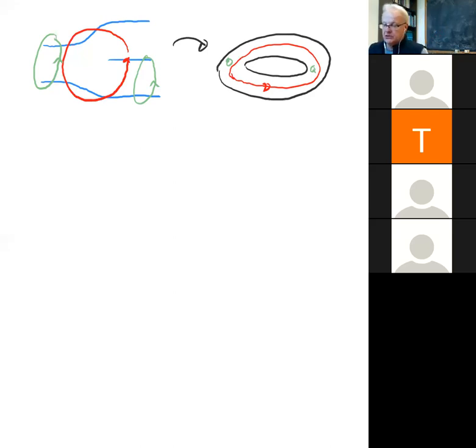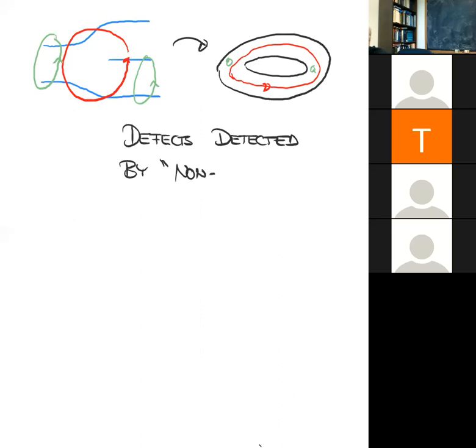So we conclude from that that defects are somehow detected by non-trivial loops. So what do I mean by non-trivial? It's a loop, the red loop has the property that it cannot be simply deformed because it runs around the torus. You cannot smoothly deform it to a trivial loop that doesn't go anywhere.